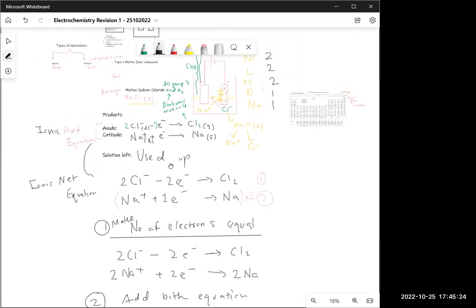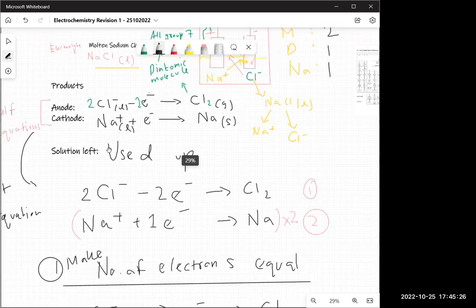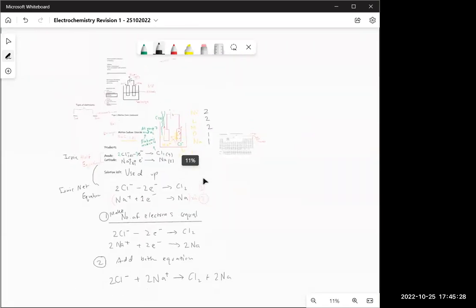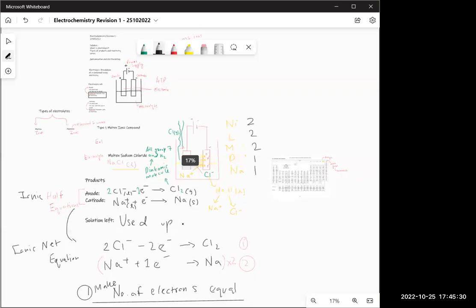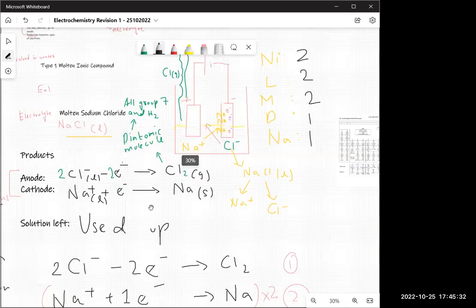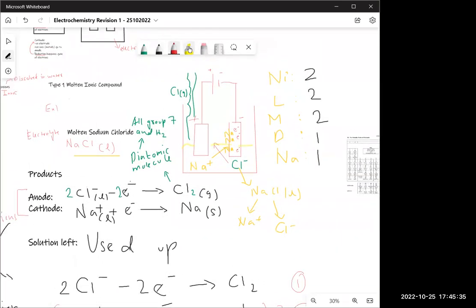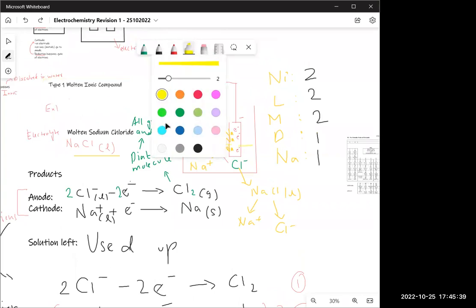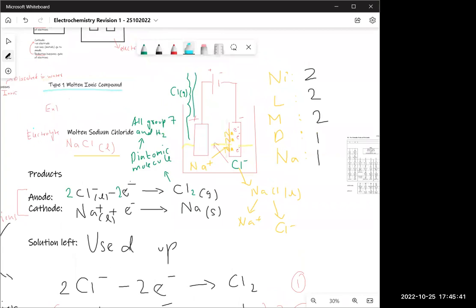We have the half equations, we have the solution. Now, I need you to write this beginning from here. So start like this. I want you to write everything in blue, so this part.